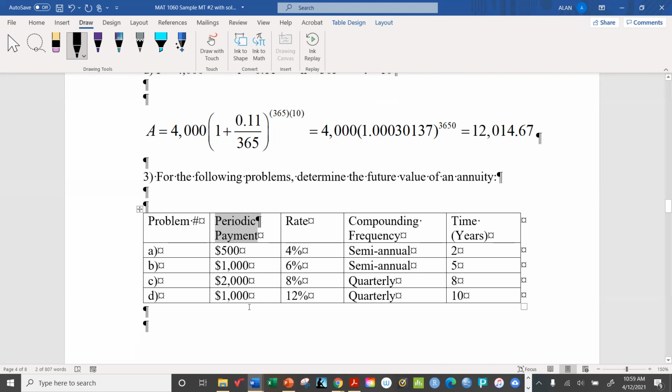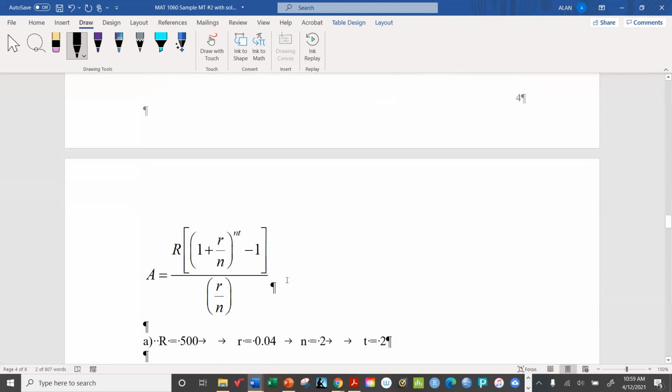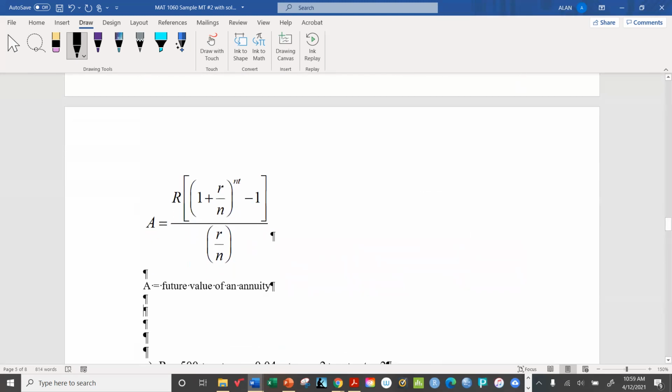All right, so this is the formula that we'll be using. And you recognize it right away because there's this capital R here, which tells me that this is a repeated payment. And therefore, this is the future value of an annuity, which I'll just remind you right here. The only thing that's different this time is capital R is the repeated payment.